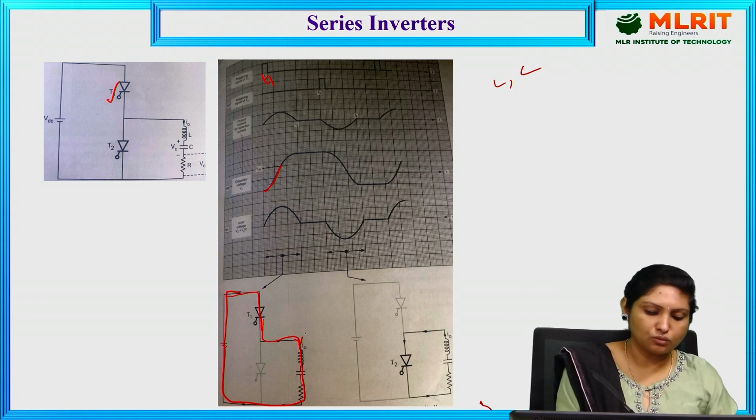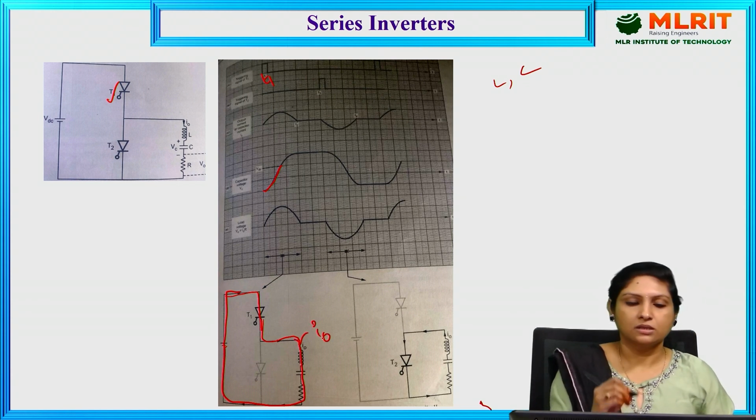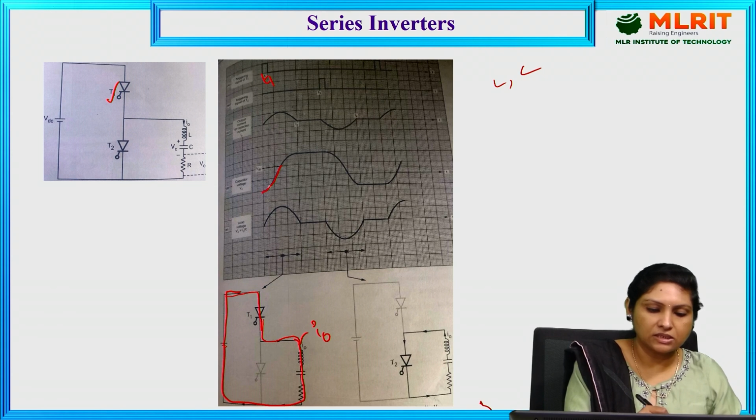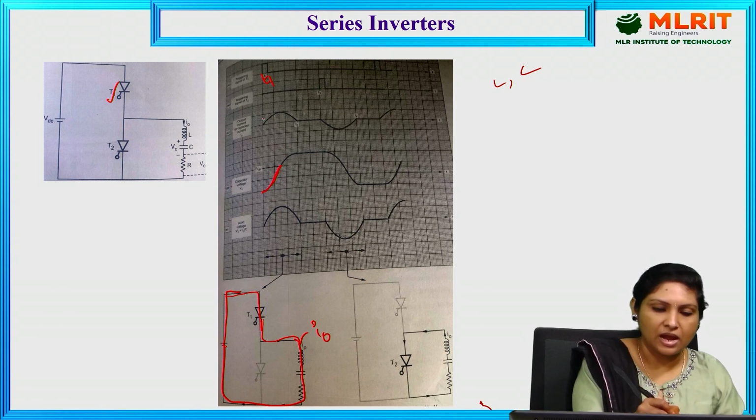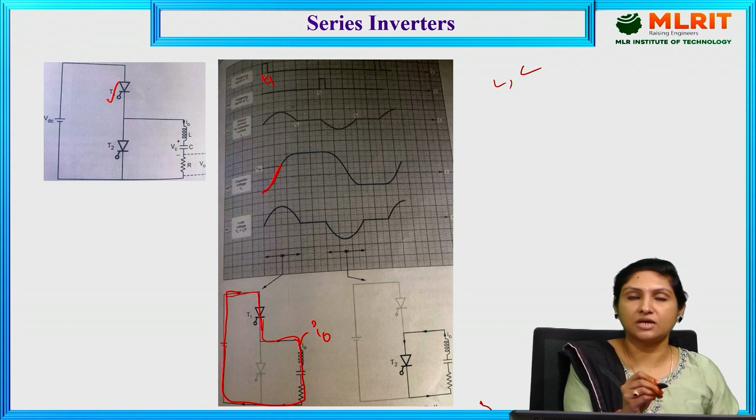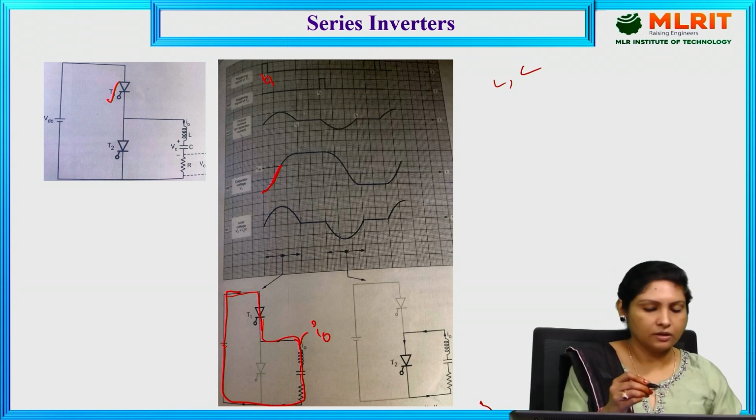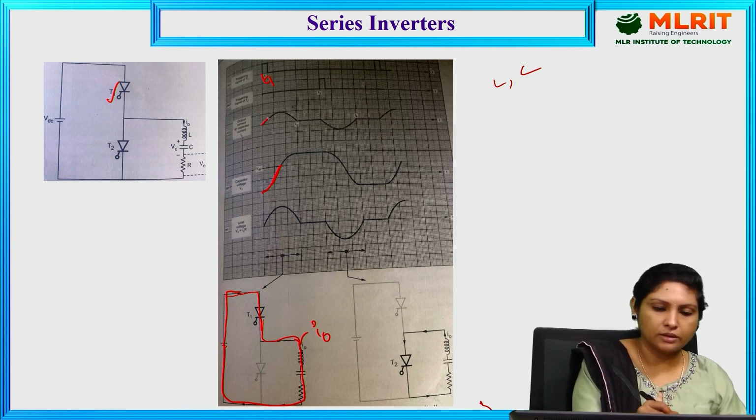So, the capacitor is initially charged to the negative voltage, and when the triggering pulse is provided for the thyristor, it is conducting current through the load in this direction.